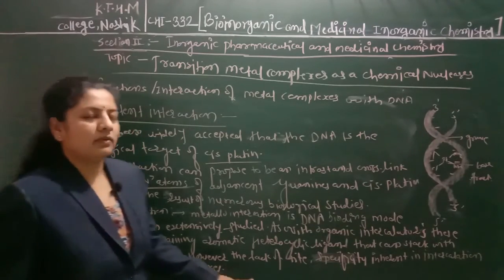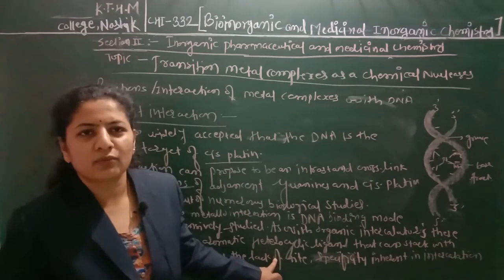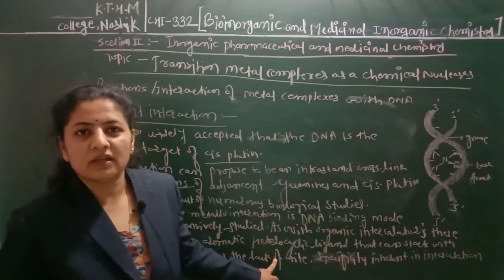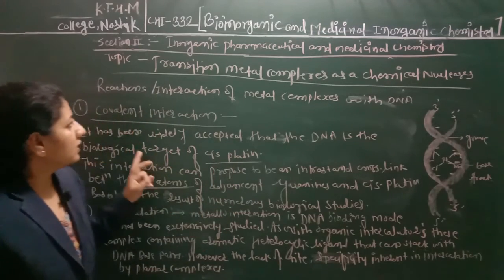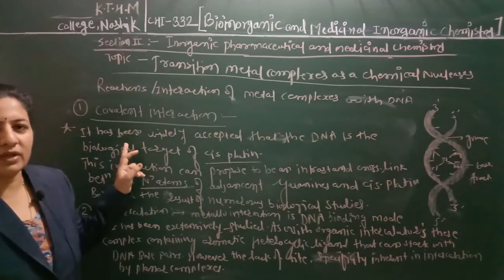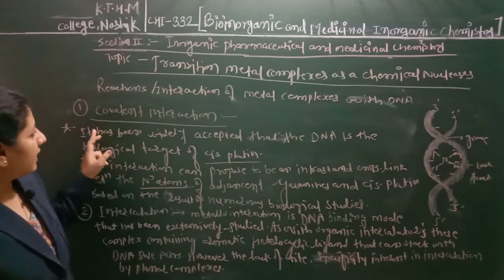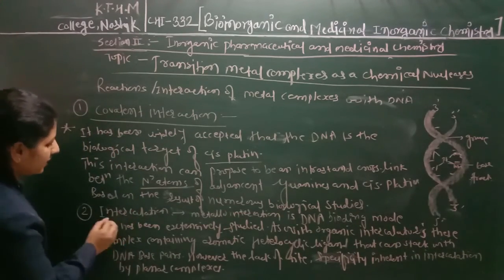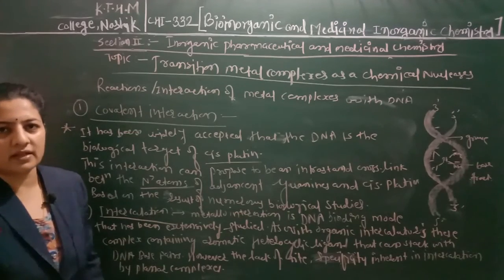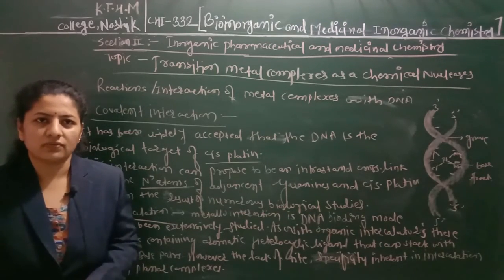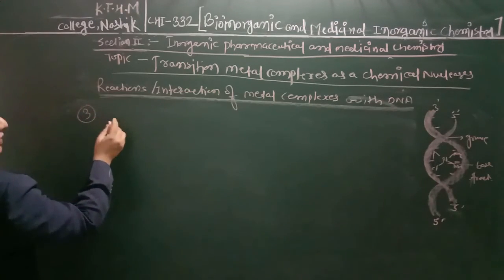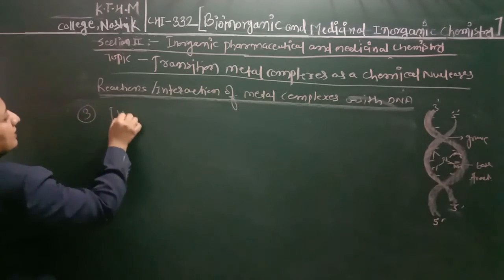So generally it is found that planar complexes bind preferably to the DNA base pairs or DNA strands. So these are all about the interactions of metal complexes with DNA. In that we have seen the covalent interaction, second the intercalation interaction, and the third one is the insertion of the metal complexes in DNA. Let's see the reaction of metal complexes with DNA, that is insertion.